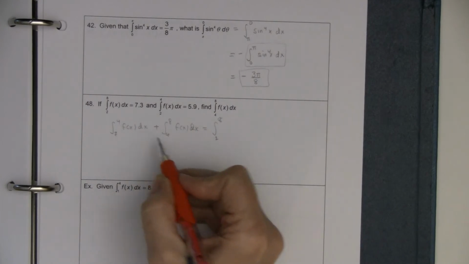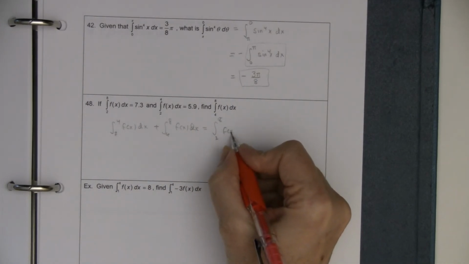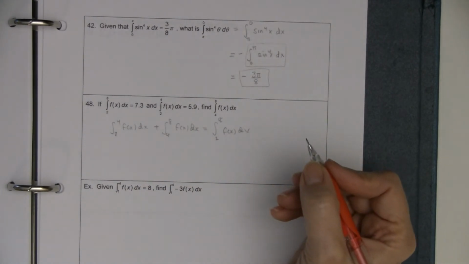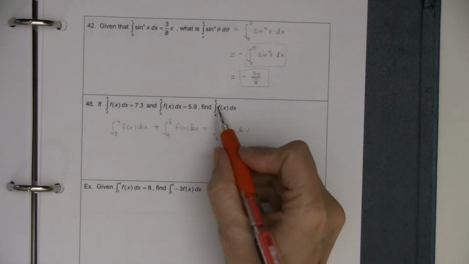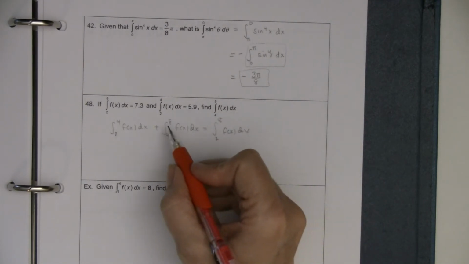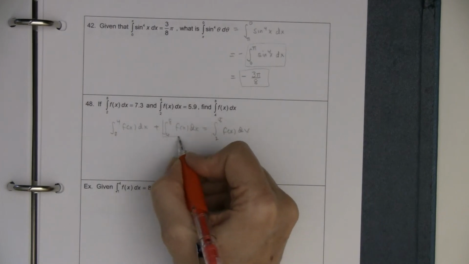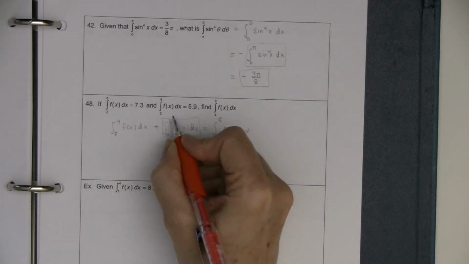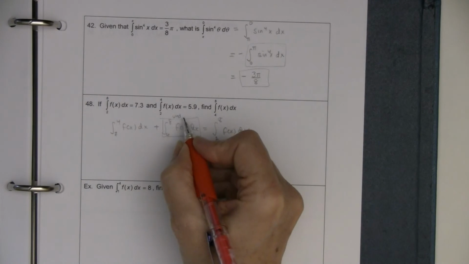See how it stops at 4 there. Now, they wanted me to find 4 to 8, so that's what's unknown. So this one right here is the one that's unknown. And it could be any of the three are unknown.